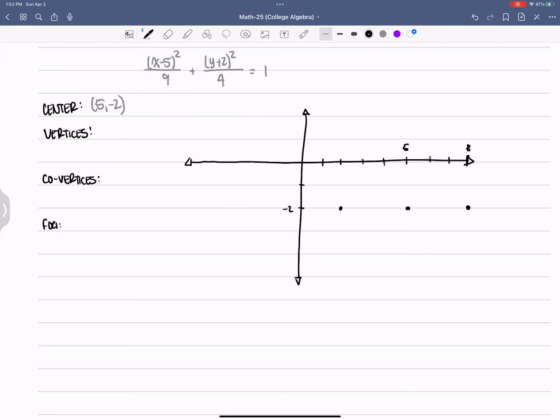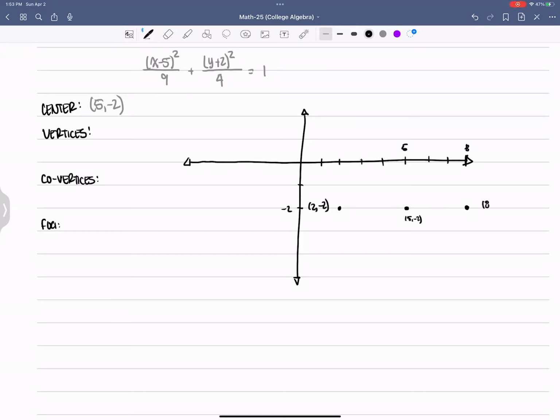So center at (5, negative 2), vertices at (2, negative 2) and (8, negative 2). Co-vertices come off of our y-axis, so the square root of 4, which is 2.